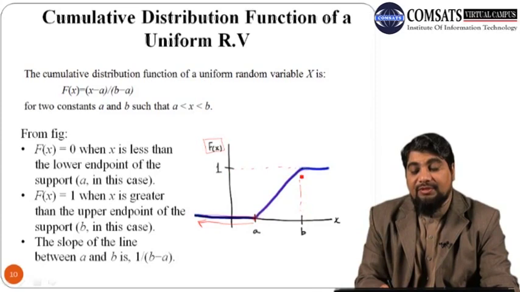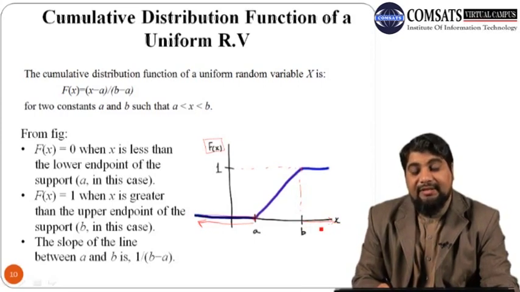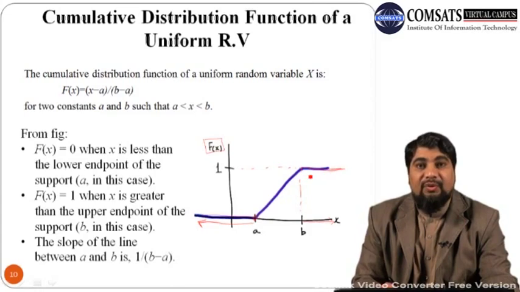At B it goes up to 1, and whenever x takes values greater than B, this F of x still takes value 1, so it keeps the same level 1.